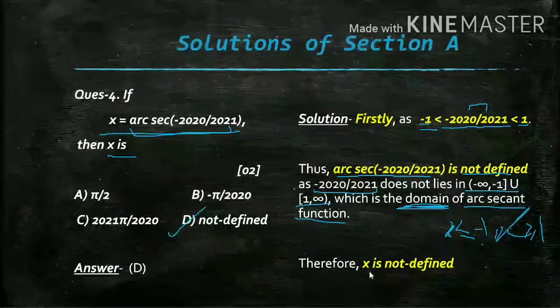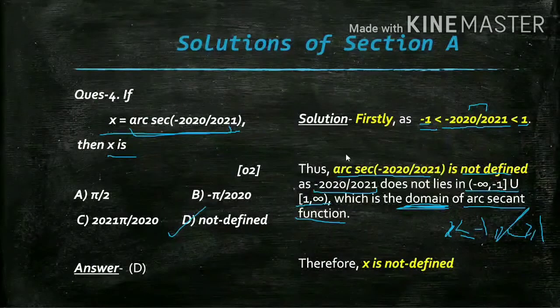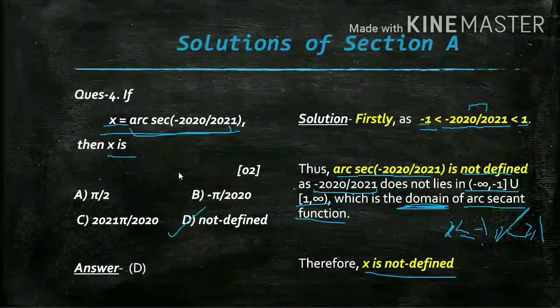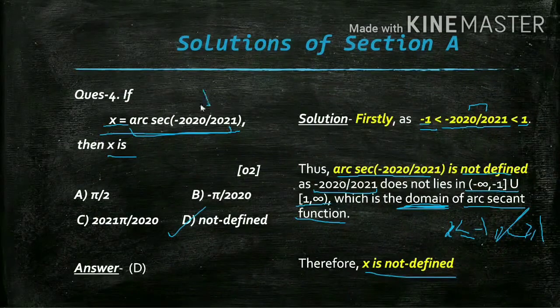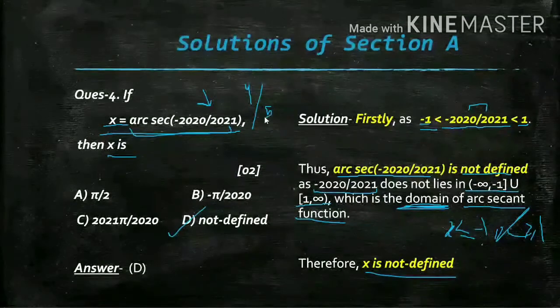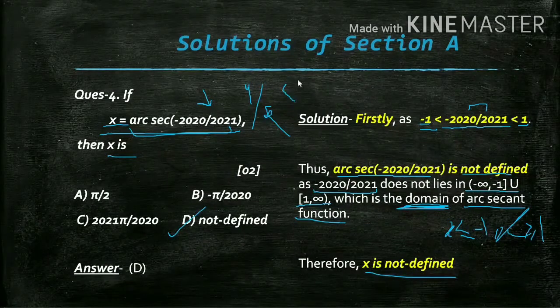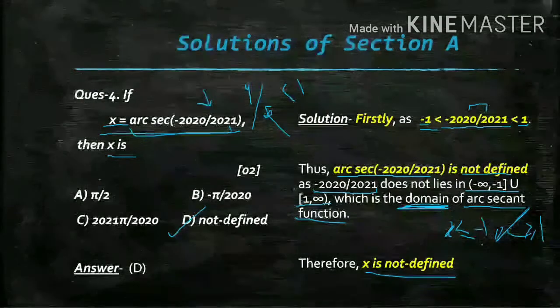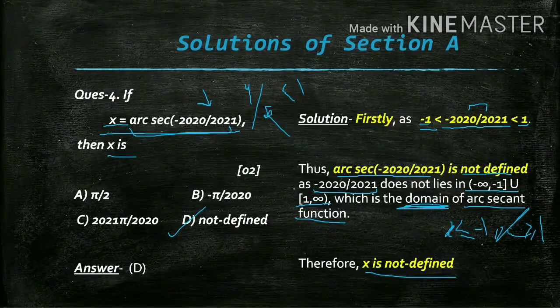So arc sec of minus 2020 by 2021 is not defined, which is nothing but x. So that means x is just not defined. This is also an easy trick. Here any value could be given, like 4 by 5, because 4 by 5 is also less than 1. So you just need to simply use the domain concept over here. Clear?